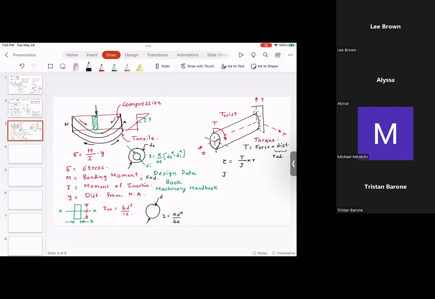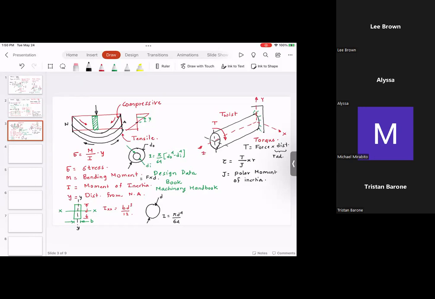And what is this J? J is called the polar moment of inertia. What do we mean by polar moment of inertia? Think about XX and think about YY.